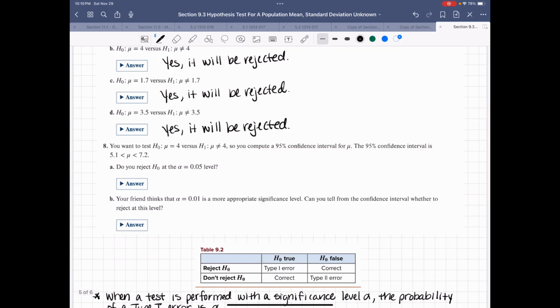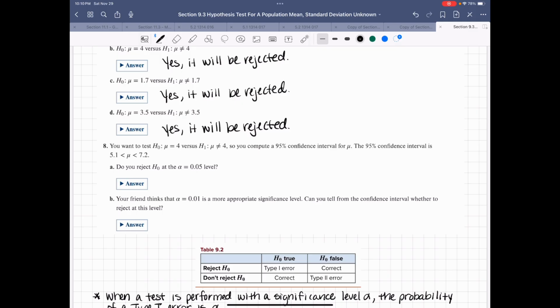Question 8. You want to test the null hypothesis mu equals 4 versus mu doesn't equal 4. So you compute a 95% confidence interval for mu. The 95% confidence interval is 5.1 to 7.2. Do you reject the null hypothesis at the alpha equals 0.05 level?